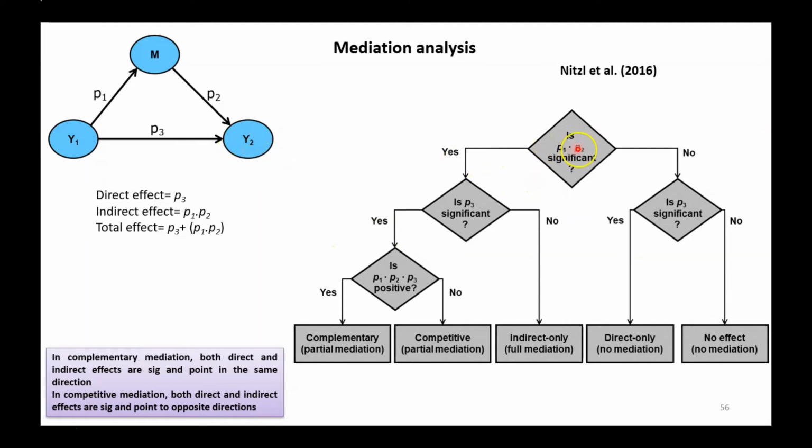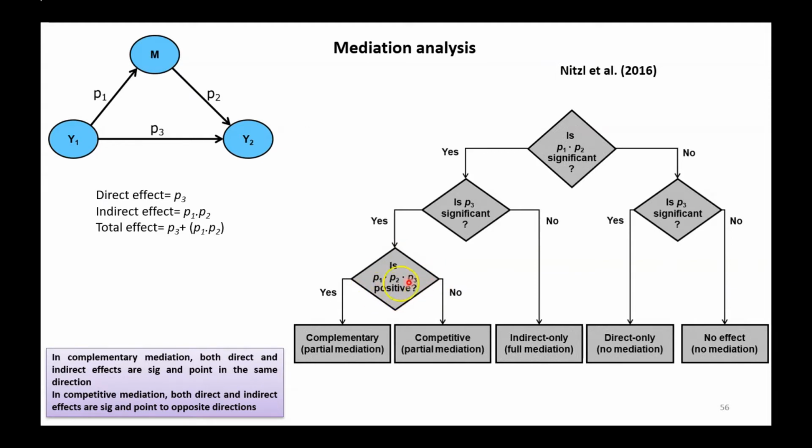However, if p1 times p2 is significant, again we have to assess the significance of the direct effect between y1 and y2. If it is not significant, it means that we only have an indirect effect between y1 and y2. That is something that we call a full mediation. And if p3 is significant, we have to assess the sign of p1 times p2 times p3.